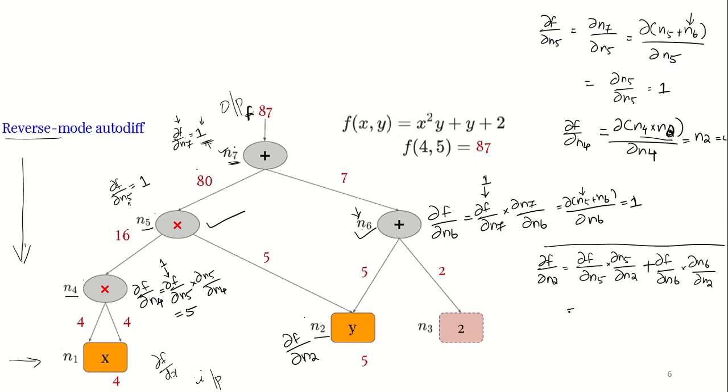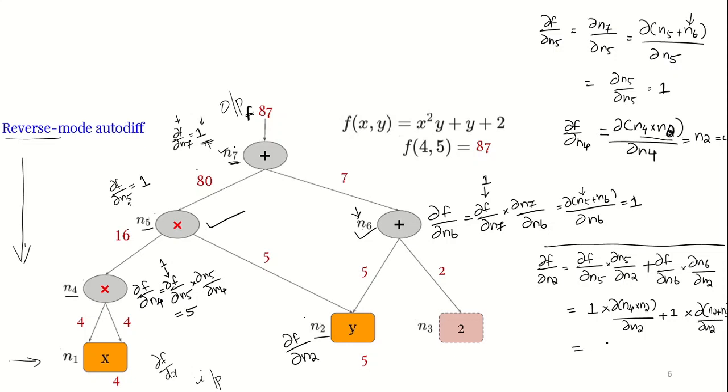So we sum it up: ∂f/∂n6 into ∂n6/∂n2. Okay, so what was ∂f/∂n5? It was 1 into ∂n5/∂n2. Okay, so ∂f is actually n4 into n2 divided by ∂n2, plus ∂f/∂n6 is 1 into ∂n6, and what is n6? n6 is n2 plus n3, divided by ∂n2.